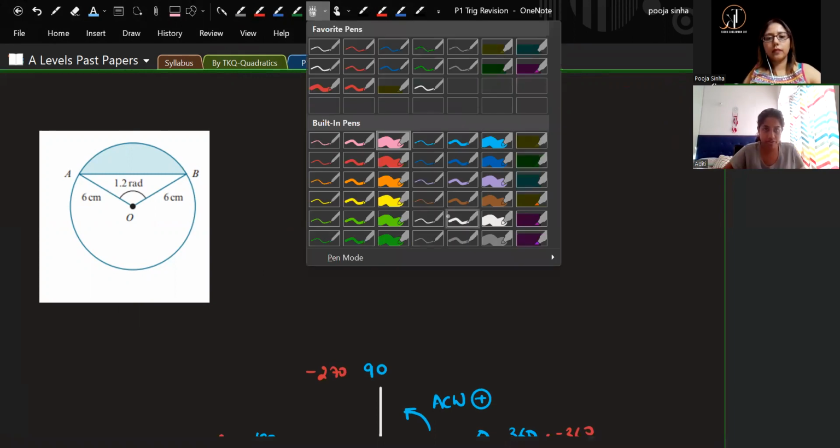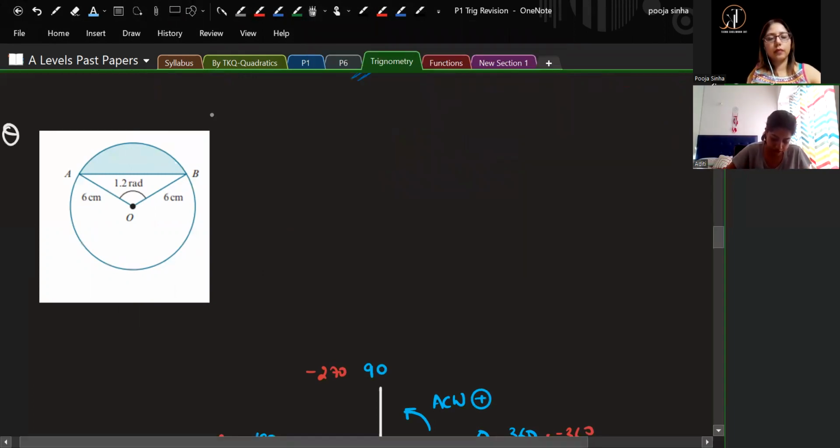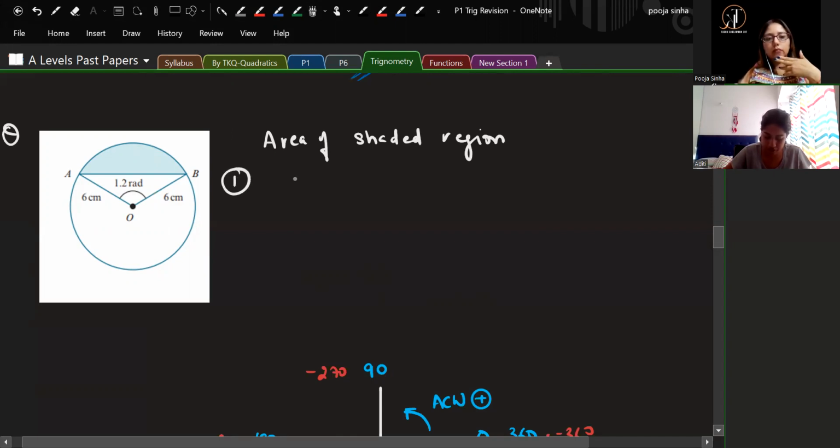I think I'll prefer doing the sector first. So we know that the area of a sector, for radians especially, is half into r square into theta. Half into r square, which is 6, is about 2 into 1.2 radians.